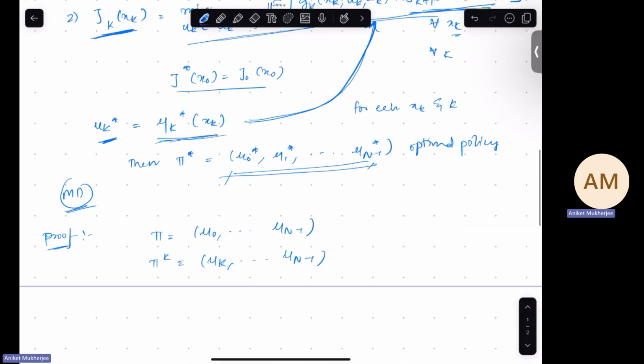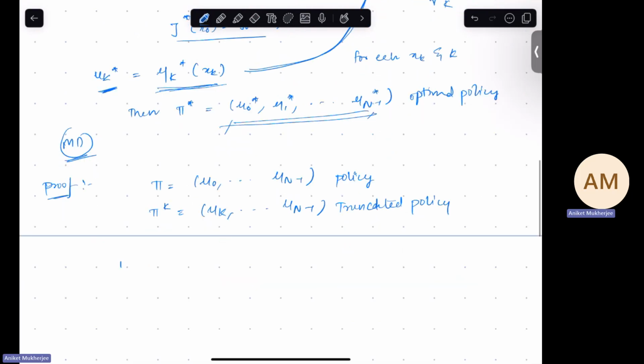We gave a proof for this yesterday. You have a policy pi and a truncated policy pi k. Similarly, we defined J k star of xk, which is the optimal cost of the truncated problem of n minus k stages.